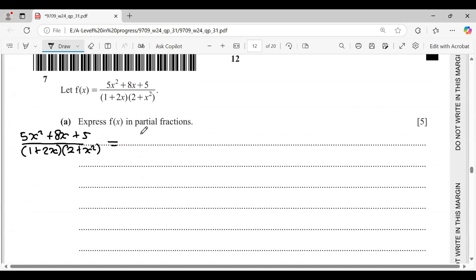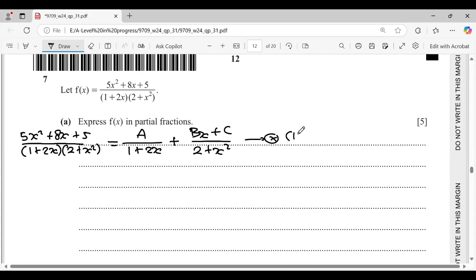I will separate it into two fractions: A over (1 plus 2x) plus (Bx plus C) over (2 plus x squared).